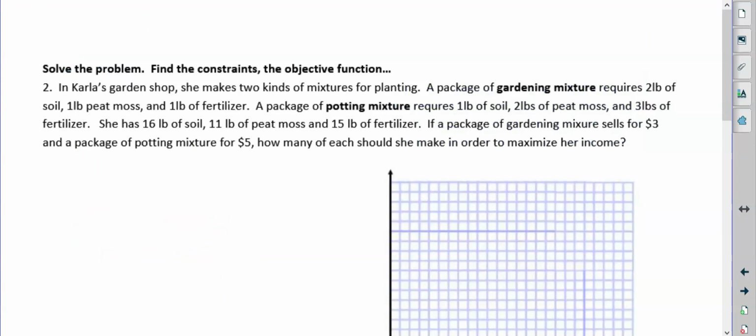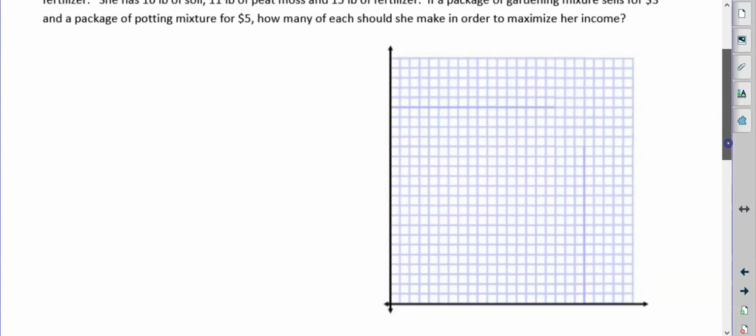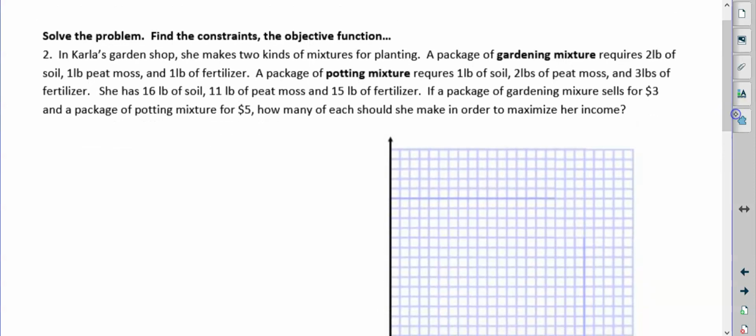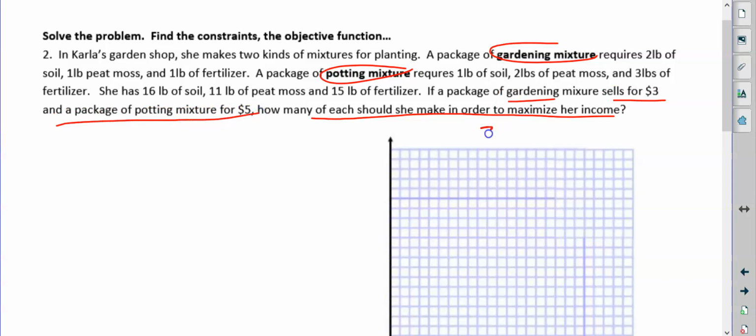Okay, number 2. Now notice we don't have a box here. You can make your own box, or I'm going to show you how to go about this way. So first off, how many of each type to maximize income? Okay, so it tells us we have gardening mixture and potting mixture. The gardening mixture sells for 3 and the potting for 5. So Z equals 3x plus 5y.